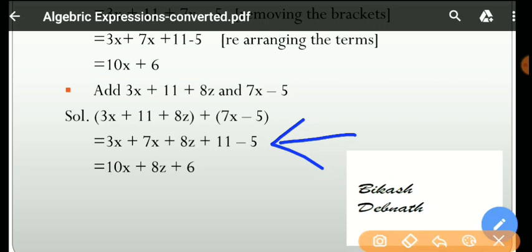Simply you can think that we have removed the brackets. Then we arranged them together. 3x plus 7x, I have written it here. 8z, we have written it here, but there are no more like terms of 8z, so we have written it here only. 11 minus 5, so the result becomes 10x plus 8z plus 6. Hope you are understanding.